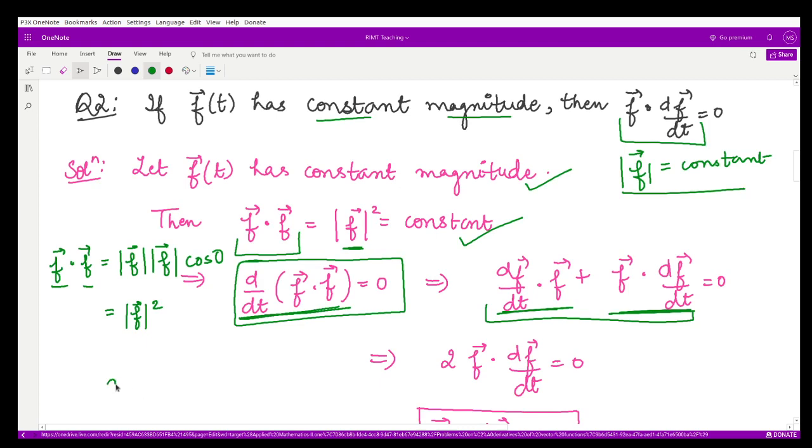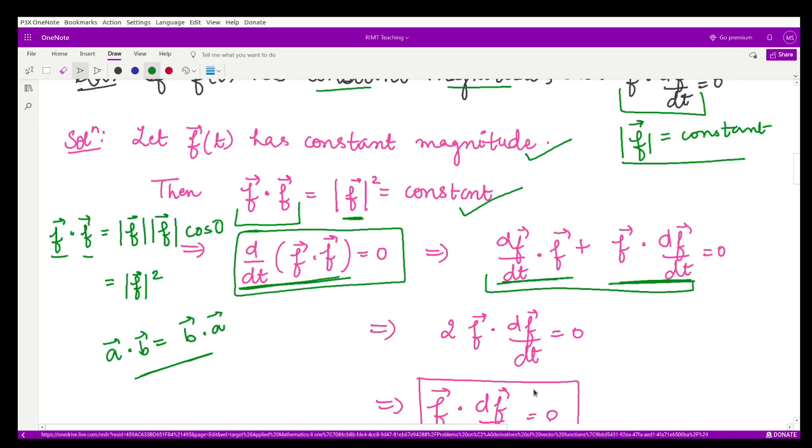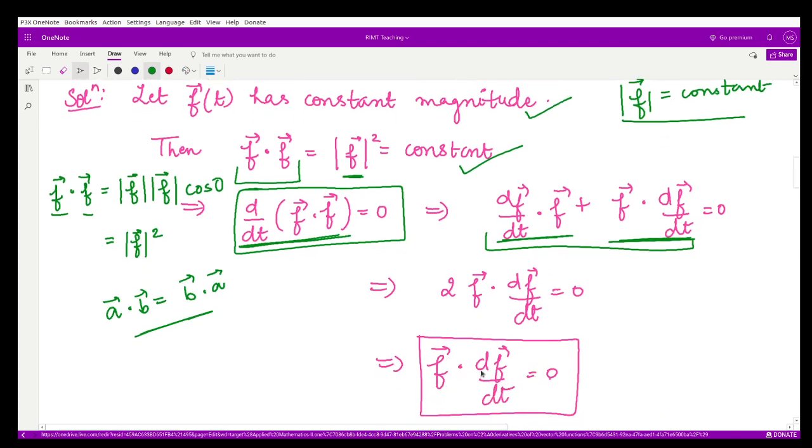Because a vector dot b vector is equal to b vector dot a vector. So using this, you can write this to be 2 times vector f dot product with its derivative. So this is equal to 0, or in other words, the vector f dot the derivative of this vector is equal to 0, right? So this is what you wanted to prove.